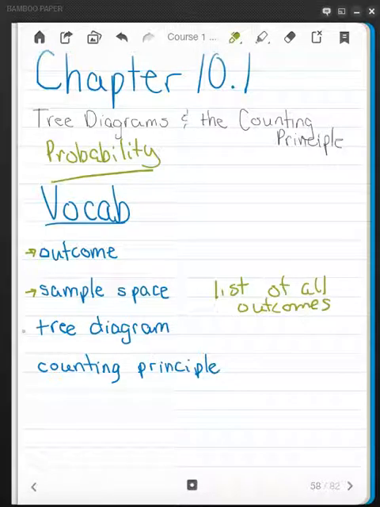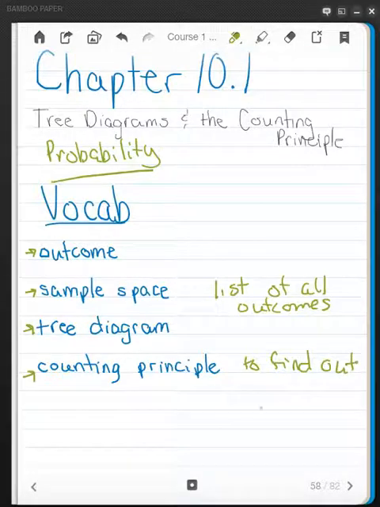A tree diagram is an organized list. It's a different way to find your sample space. And the counting principle is a way to find out the number of possible combinations.